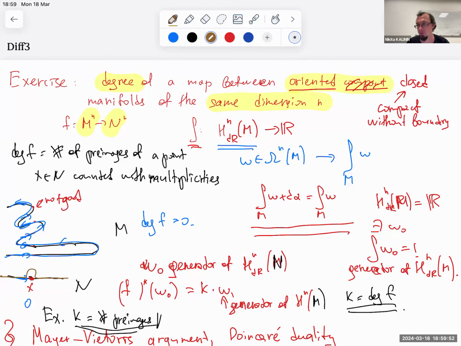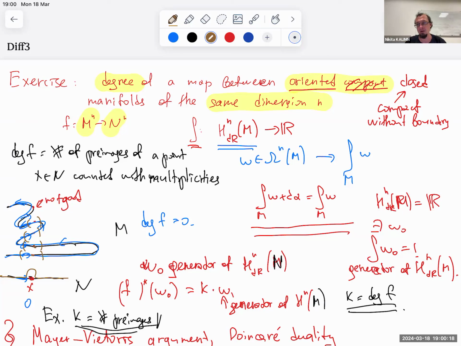Since we chose a point such that the differential is non-degenerate at the preimages, this small neighborhood is diffeomorphic to all these neighborhoods of preimages. So the pullback of your form is just the pullback under a diffeomorphism.